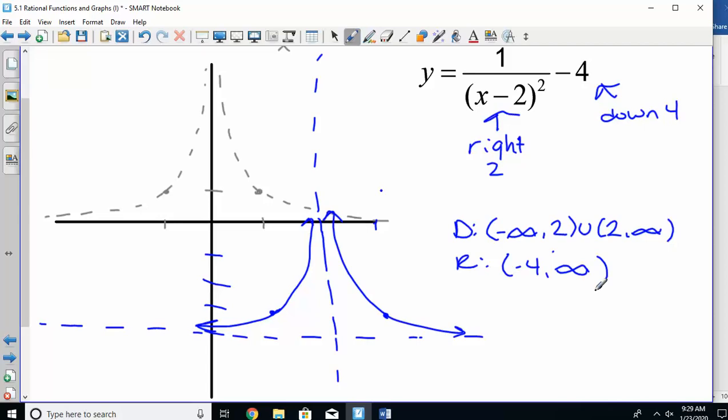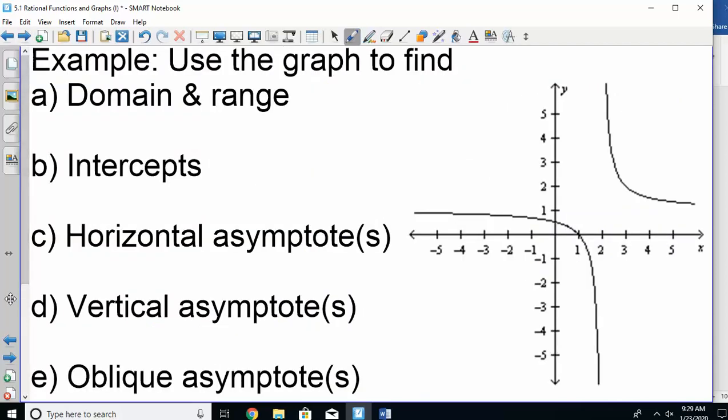Last example, I just want to show you a picture of a graph and see if we can answer some questions from it. Let's draw in our asymptotes. Where's your vertical on that? 2. And the horizontal one is at?